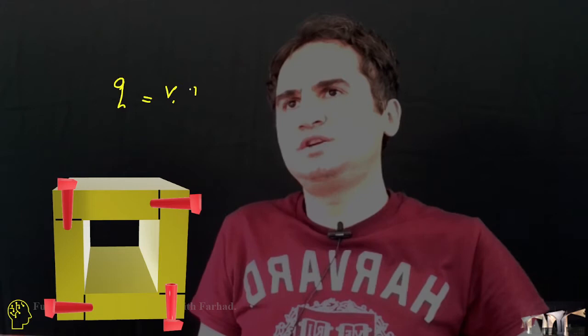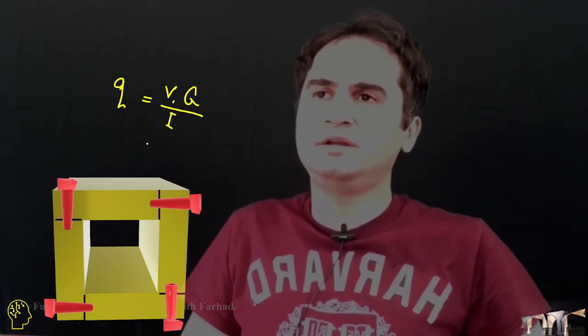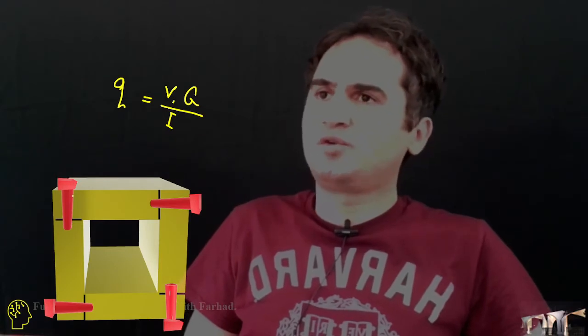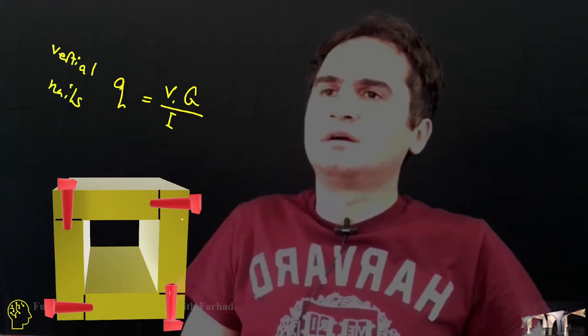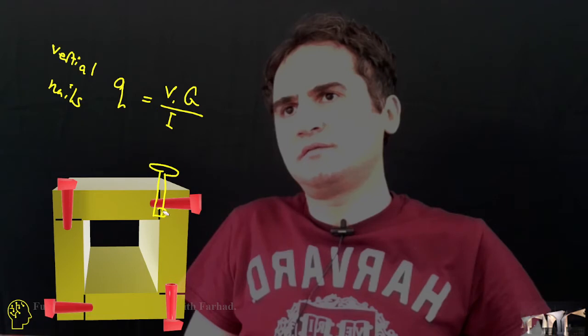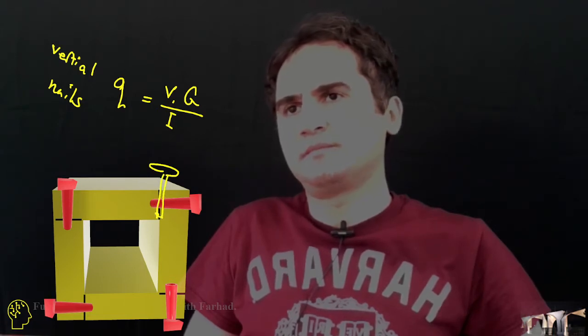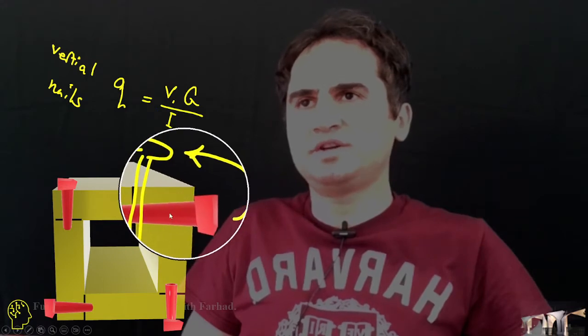As soon as we have the moment of inertia, for calculating Q, the shear flow is VQ over I. If we want to calculate the shear flow in this kind of problem, just in the case of vertical nails, assume we can flip this nail 90 degrees from the horizontal direction to a vertical one.